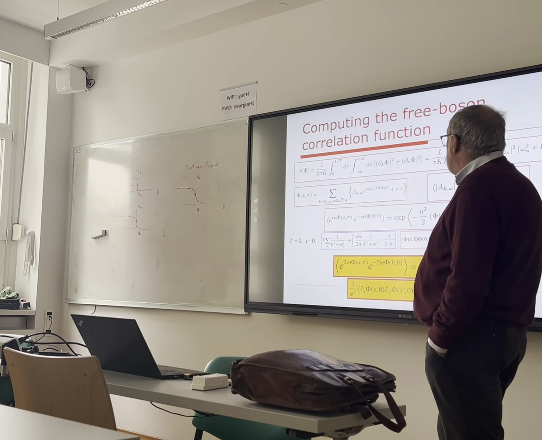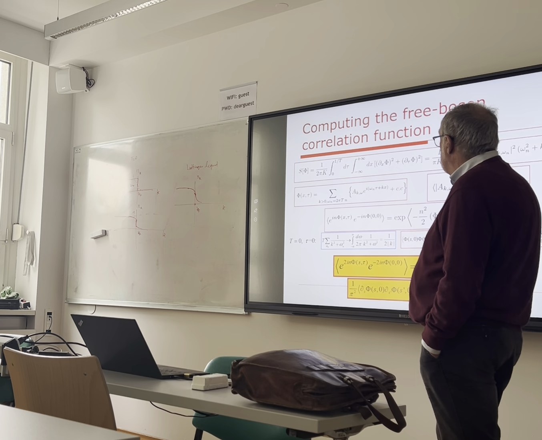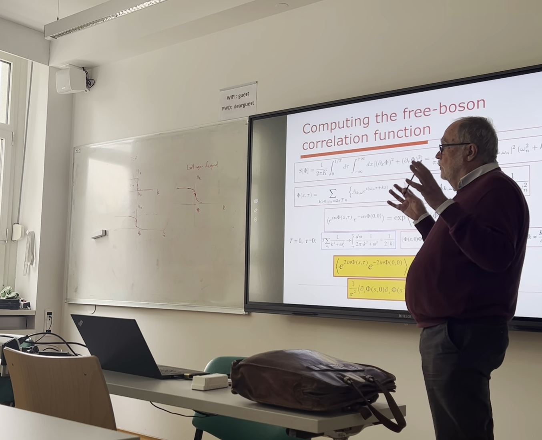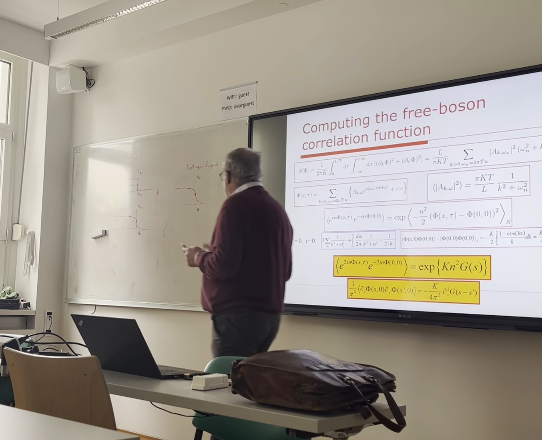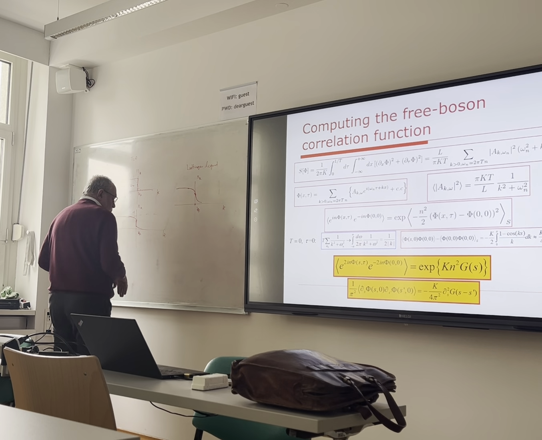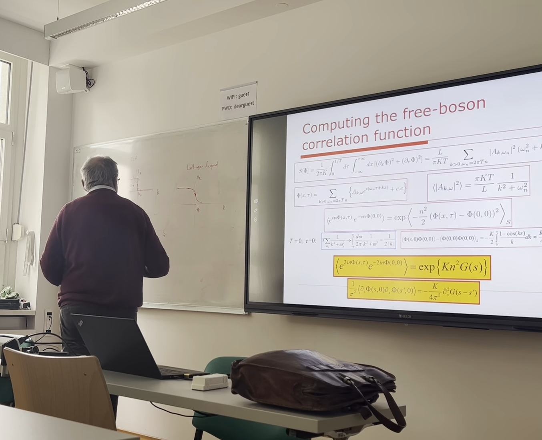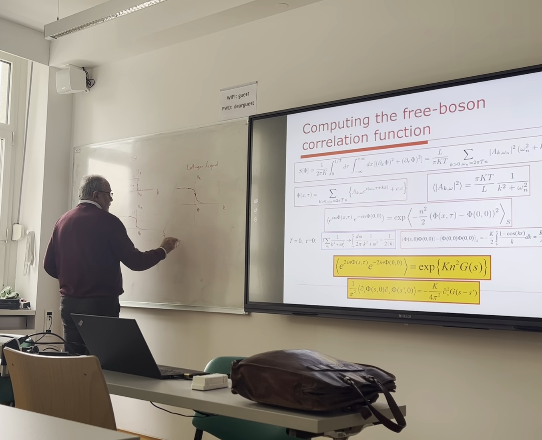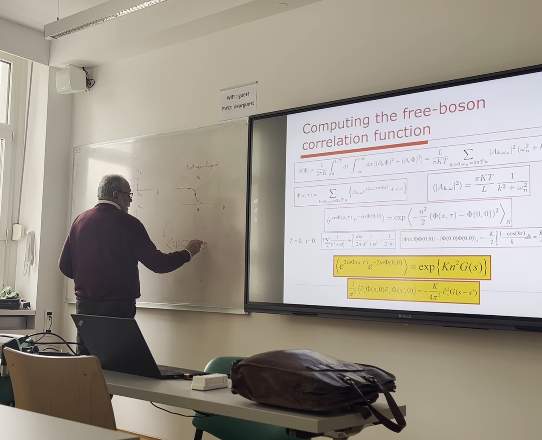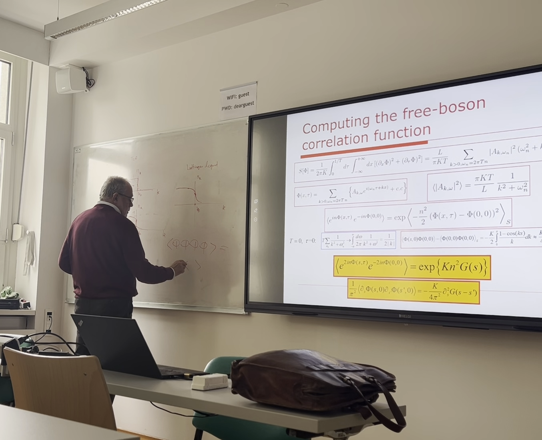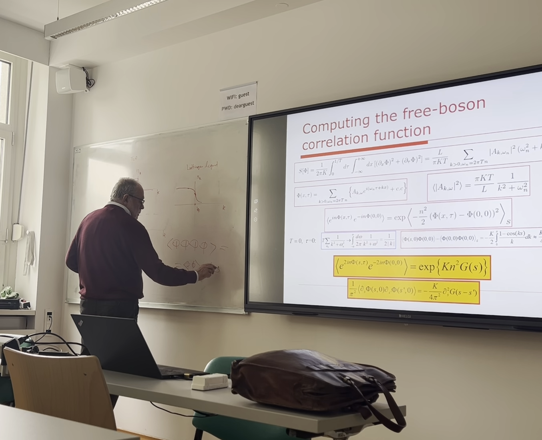And then you should take into account that for the Gaussian field, the average of the power of phi is decomposed into a product of averages. So if you have phi, and the action is Gaussian, then there is Wick's theorem. So there is phi, then again phi, and so on.